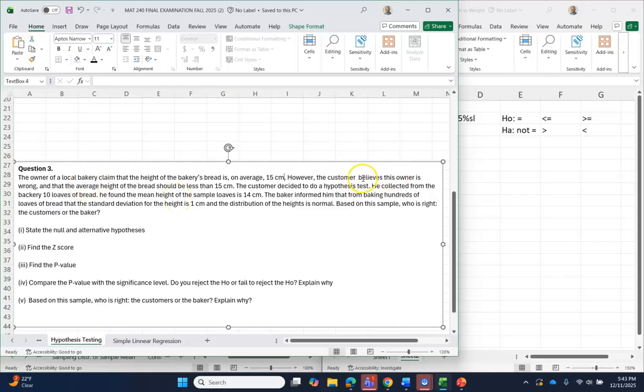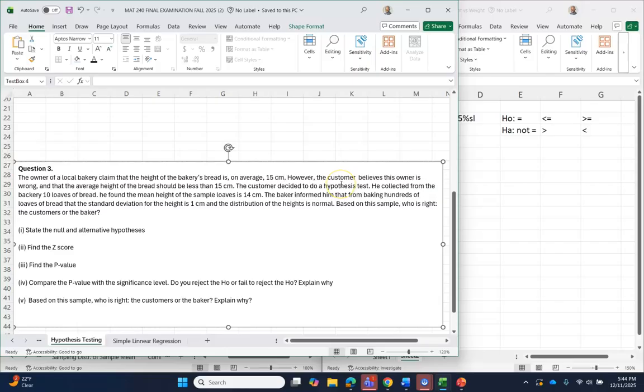Now, the customer believes that this owner is wrong and that the average height of the bread should be less than 15 centimeter. This is what the customer comes up with as the new idea. So the existing knowledge is 15 centimeter.